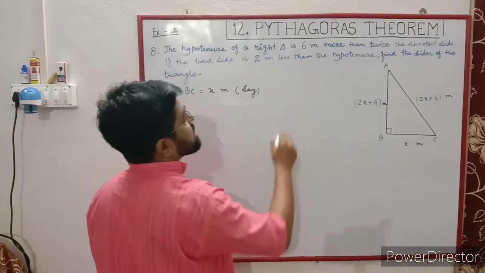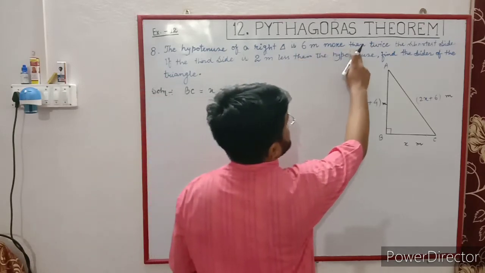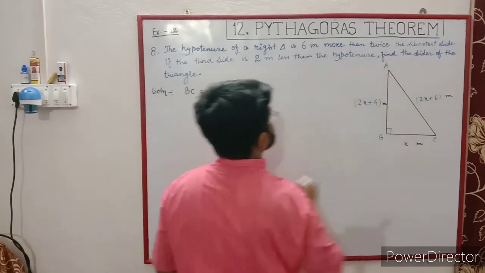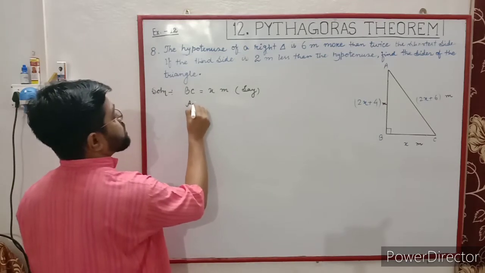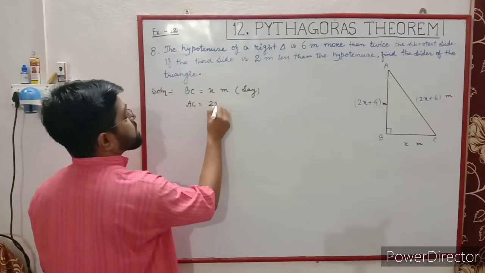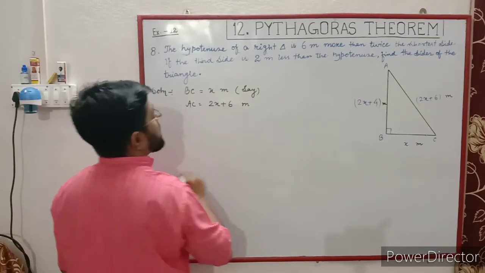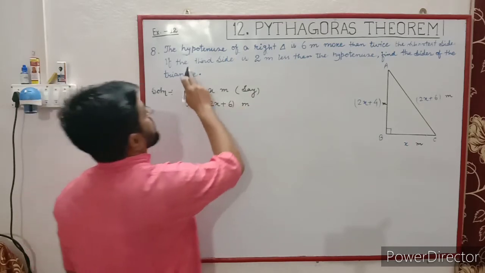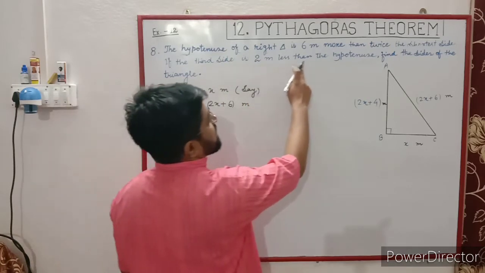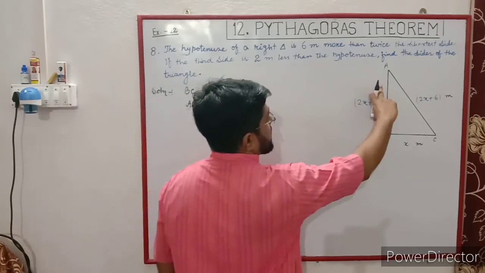Now hypotenuse is 6 meter more than twice the shortest side. So AC as a hypotenuse is 2x plus 6 meter. Now the third side is 2 meter less than the hypotenuse. So third side is AB.